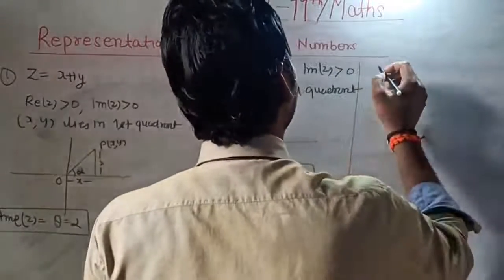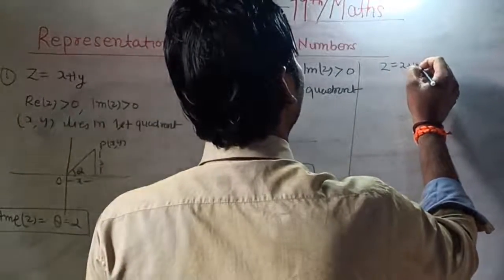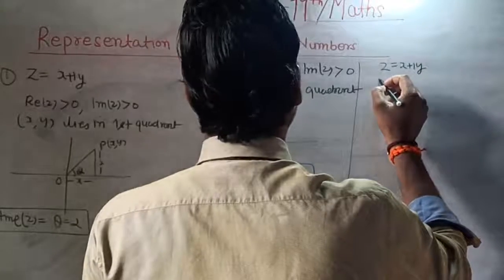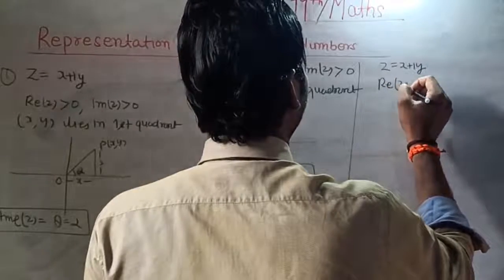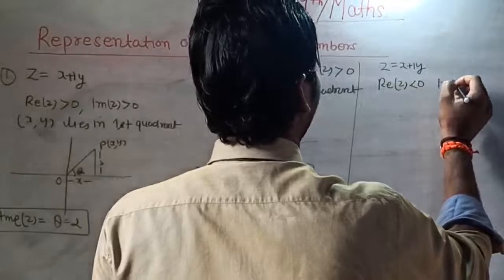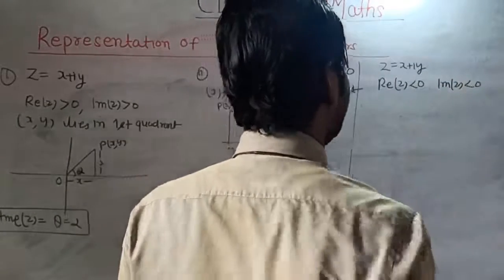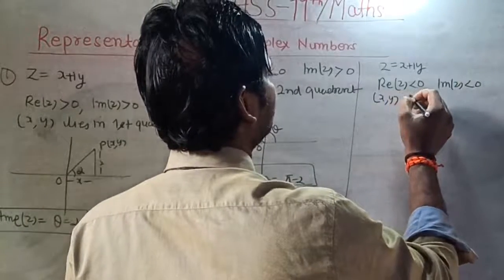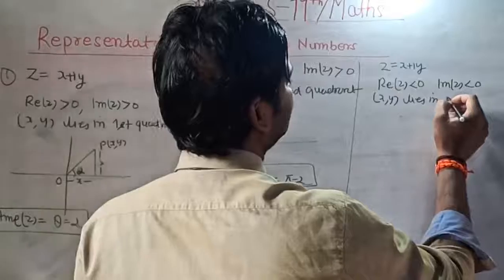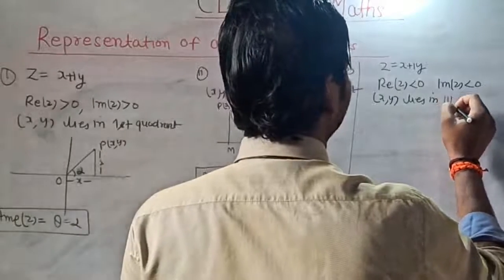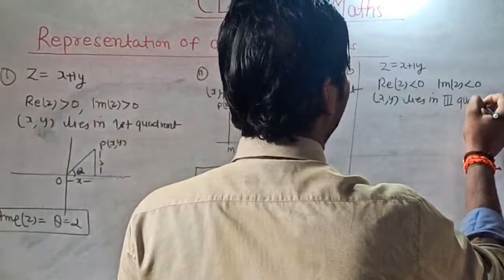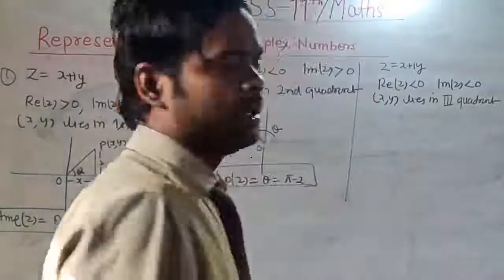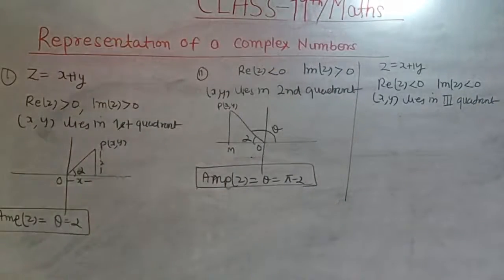If the complex number z equal to x plus iy has real part of z less than 0 and imaginary part of z also less than 0, then the ordered pair x comma y lies in the third quadrant. Both are negative.